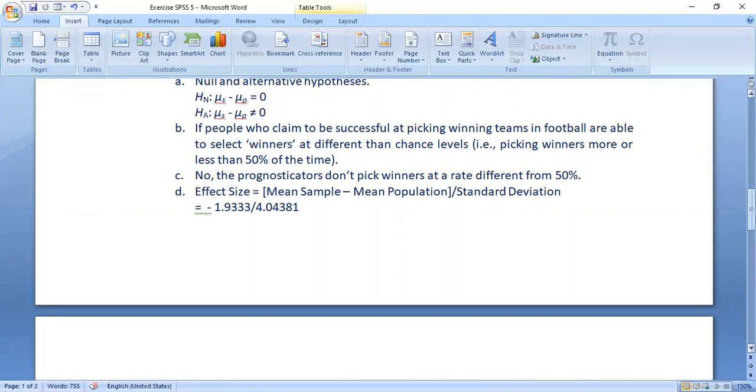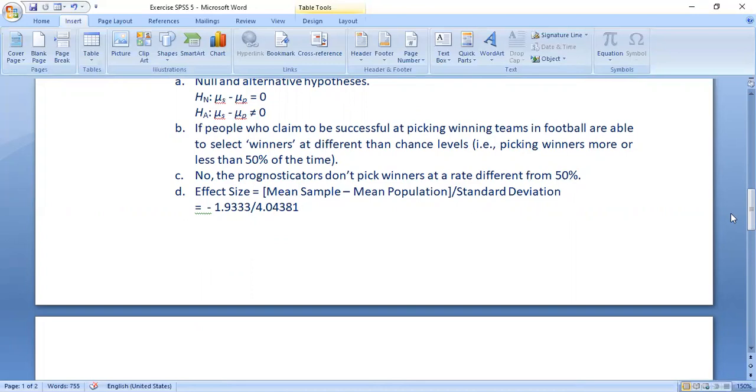Now what is the effect size? Effect size is defined by mean of sample minus mean of population, divided by the standard deviation. The mean of sample, we all know, is 48.0667. Mean of population is 50%. If we subtract the two, the value comes to 1.9333. Standard deviation we can see from the output file is 4.04381.